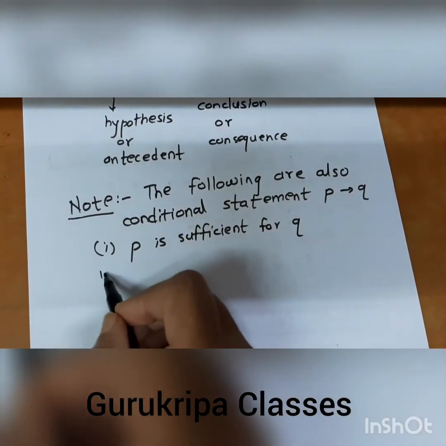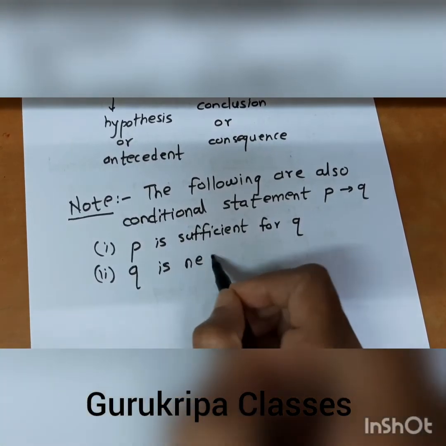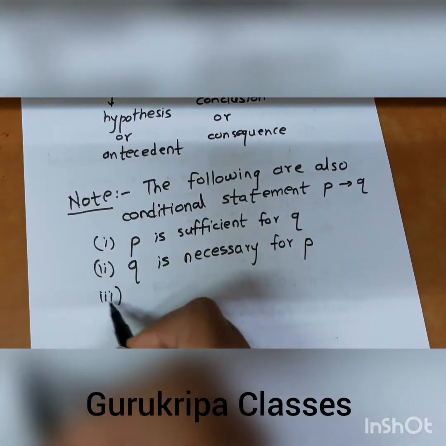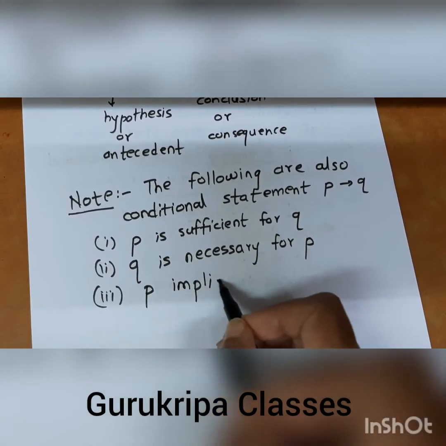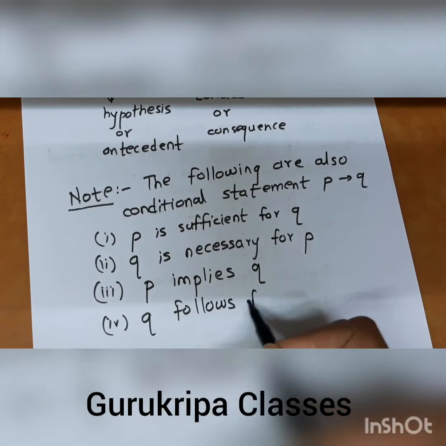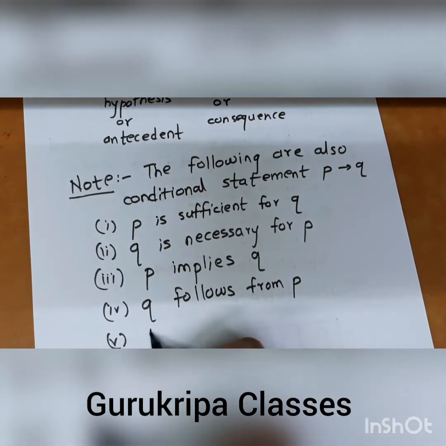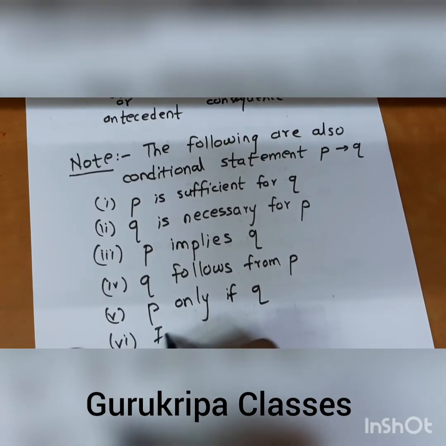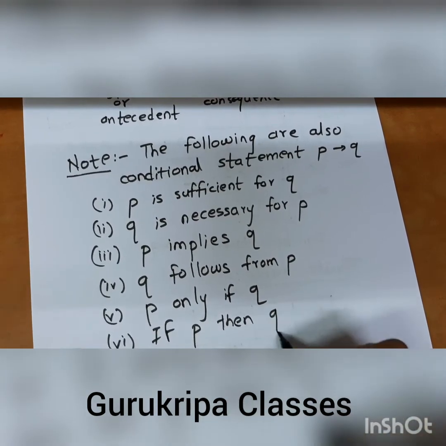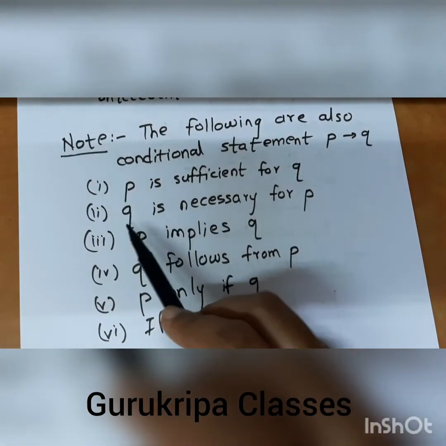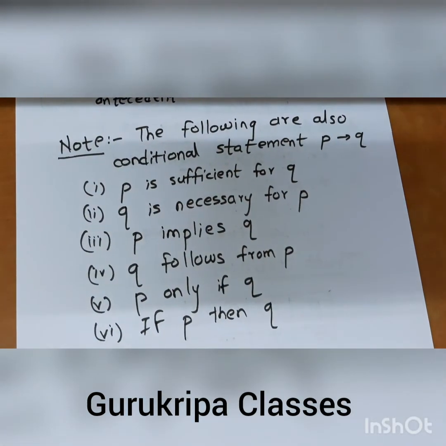First, P is sufficient for Q. Second, Q is necessary for P. Third, Q follows from P. P only if Q. And which we already know, if P, then Q. So these wordings are also used for this conditional statement: P is sufficient for Q, Q is necessary for P, Q follows from P, P only if Q, if P then Q.